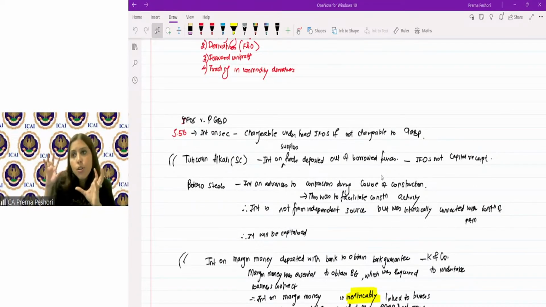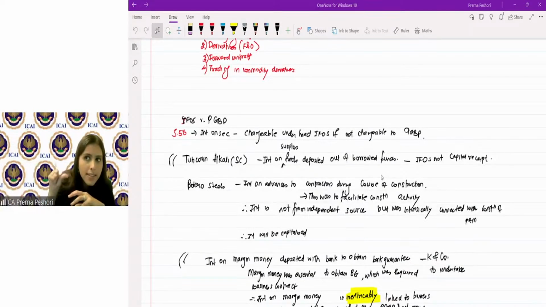Now, I am statutorily required to keep the share application money in a separate bank account till the allotment of shares is completed. Now, after the share application is done, when the share allotment happens, not everybody gets the shares allotted. So obviously part of the money is refunded to the unsuccessful applicants.